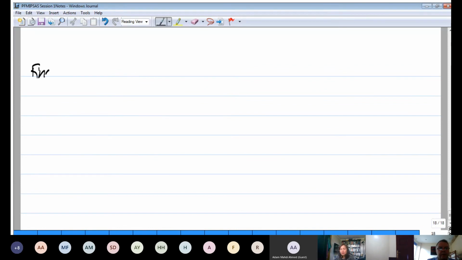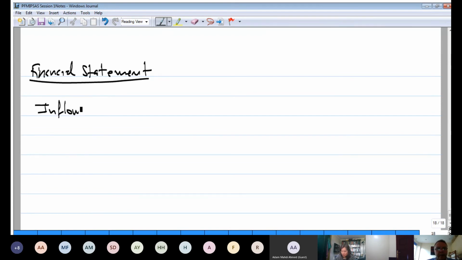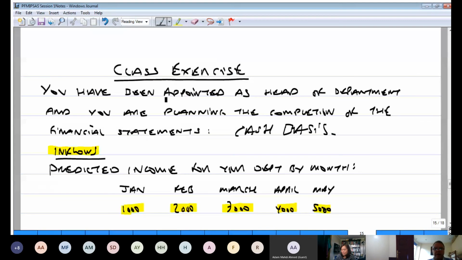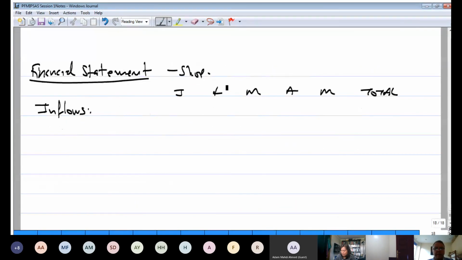So we can now open up our financial statement and identify our inflows. We had January, February, March, April, May, and total. Let's assume we have a shop, and you're head of department in this new company.